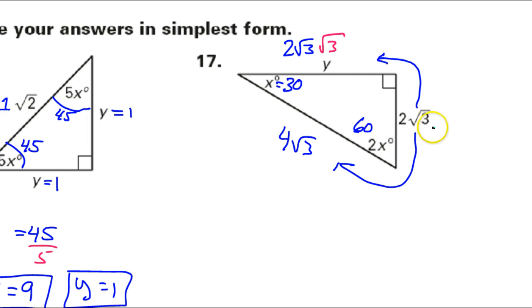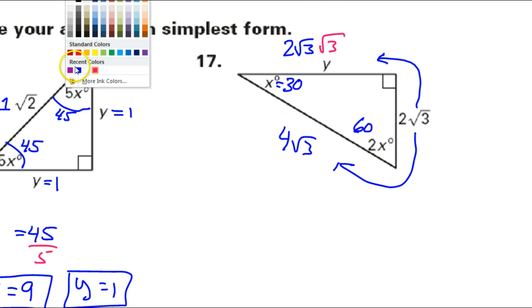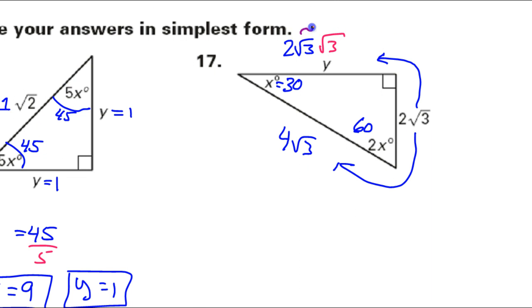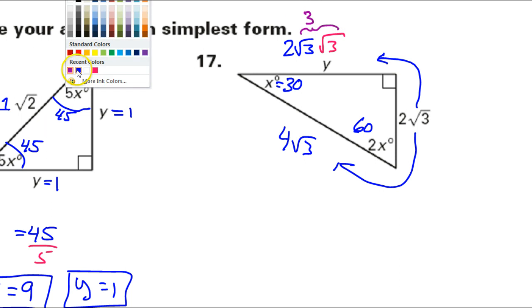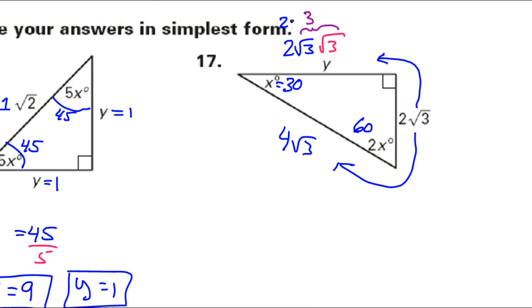By now we have learned that radical 3 times radical 3 is 3. So that leaves us with 2 times 3, which is 6. So that's why y is equal to 6. So y is 6 and x is 30.